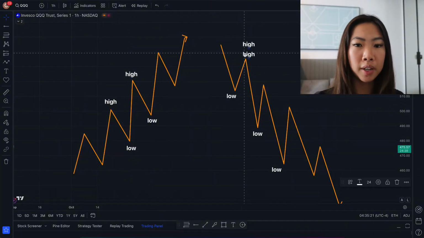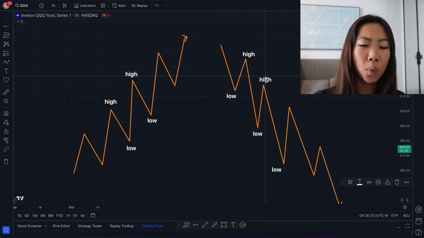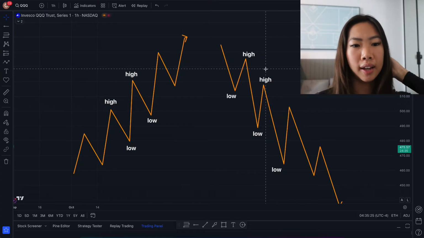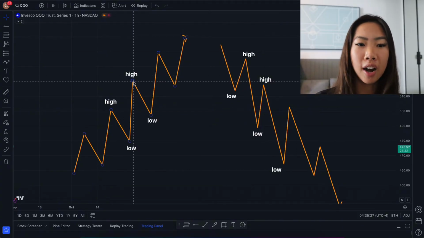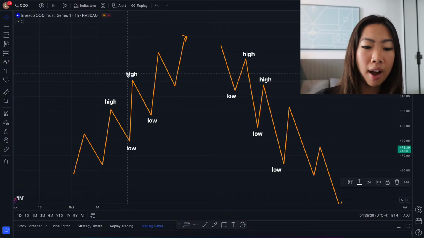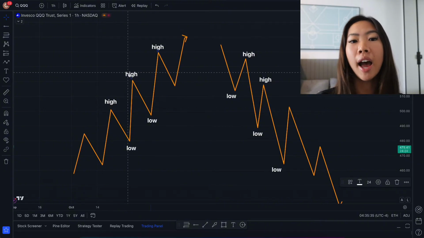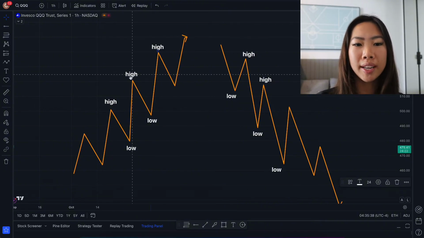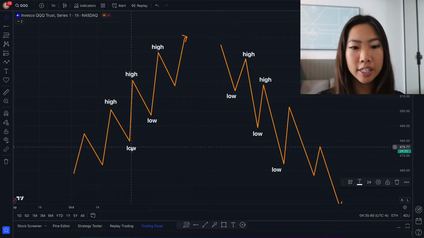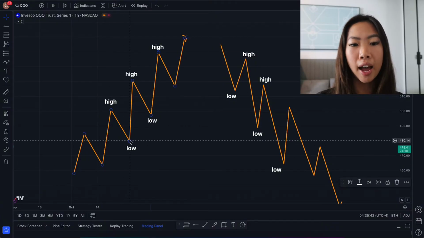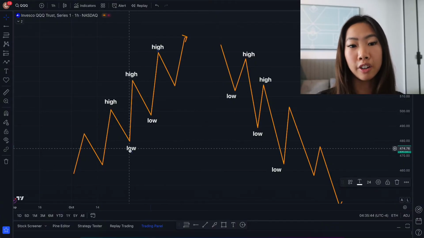To determine what is a higher high and what is a lower high: these are higher highs. Each of them is considered a high, and what are they doing? They're getting higher and higher. So each one is a higher high. These lows are each getting higher, so these are higher lows.